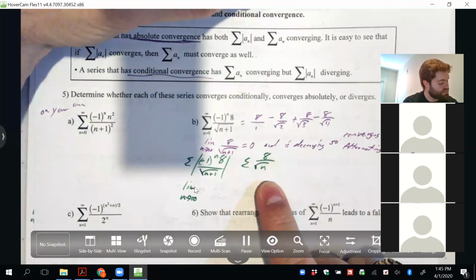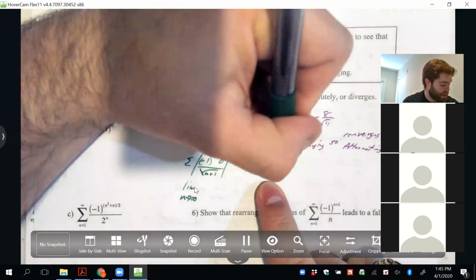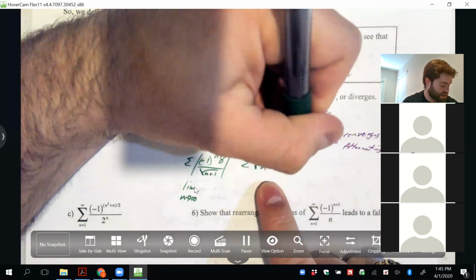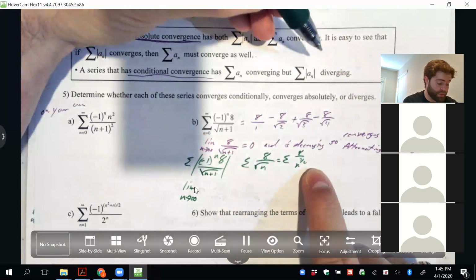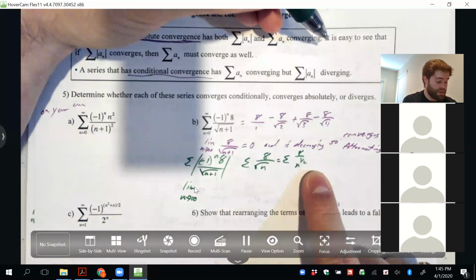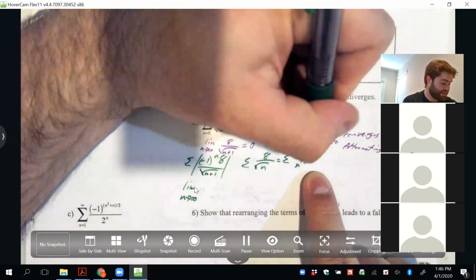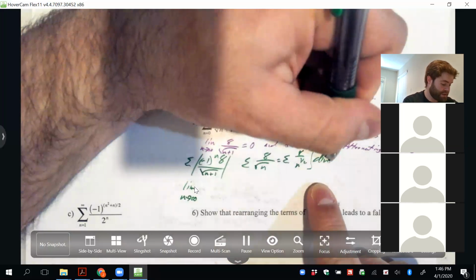Well, this right now is the summation of 8 over n to the 1/2 power. So this is a p series, and our p power is 1/2. If our power is less than 1, does it converge or diverge? Divergent. Yeah, this one is divergent.